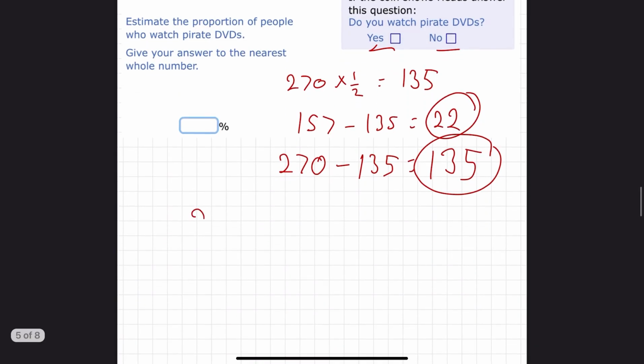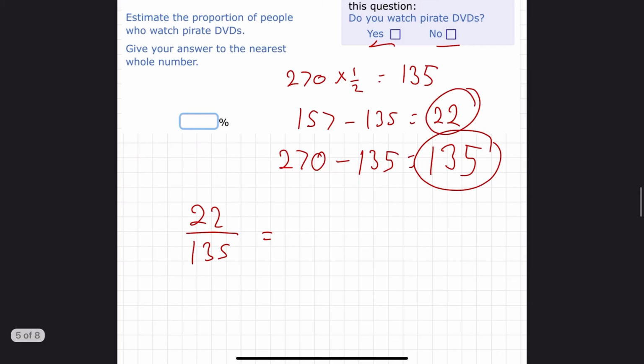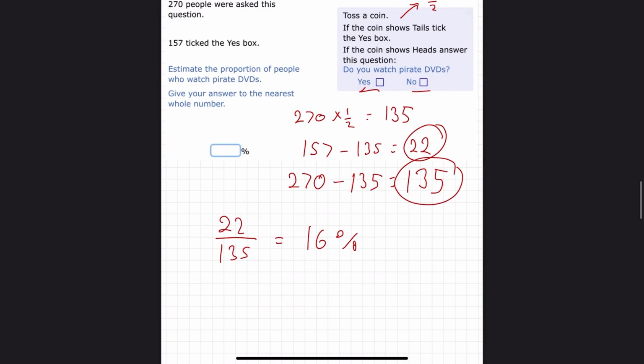So the proportion of people who watch pirated DVDs is 22 out of 135, and 22 out of 135 is 16% to the nearest integer, or nearest whole number.